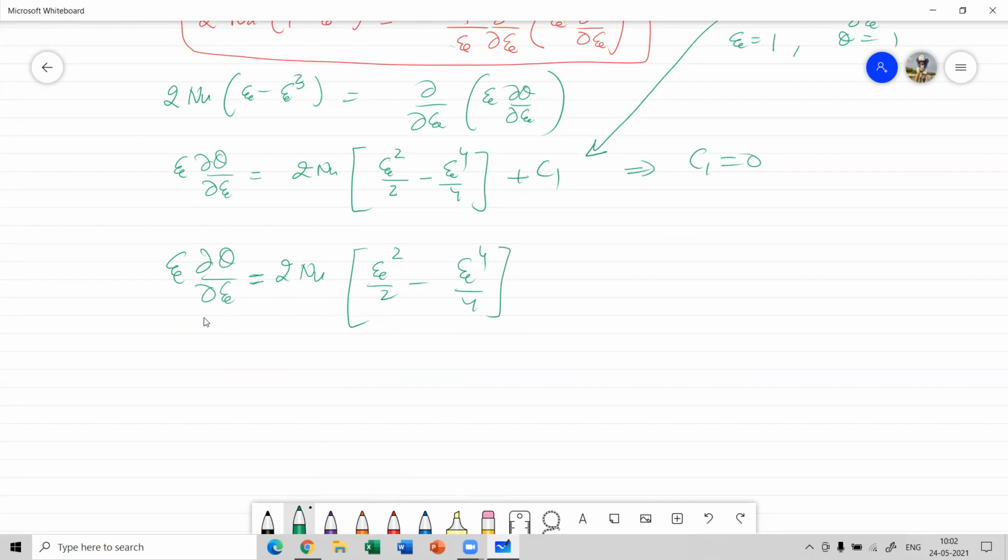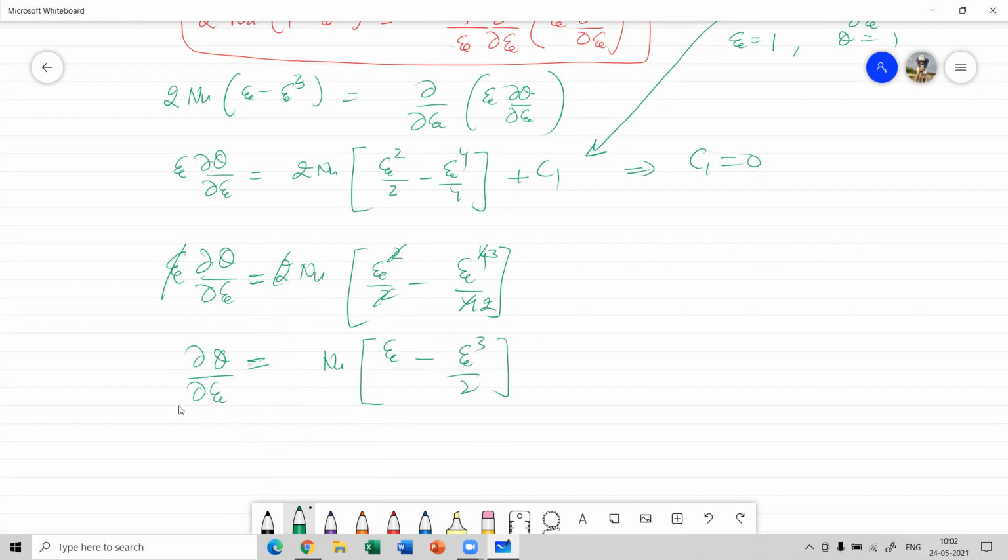Now again integrate it and get your theta. Now this zeta is there, this gets cancelled with this, so del theta by del zeta is twice Nusselt number into the bracket. So 2 can be taken out, this 2 cancels with this, so we have Nusselt number into zeta minus zeta cube by 2.